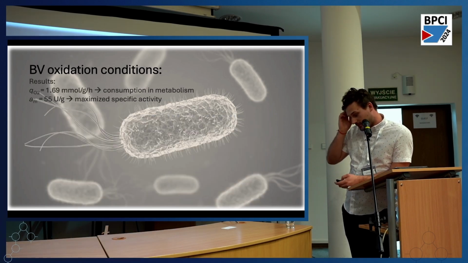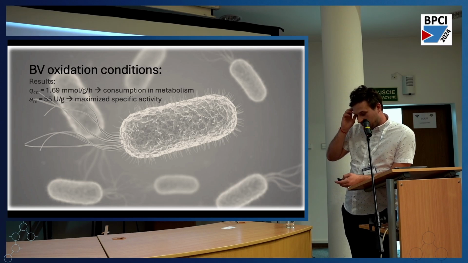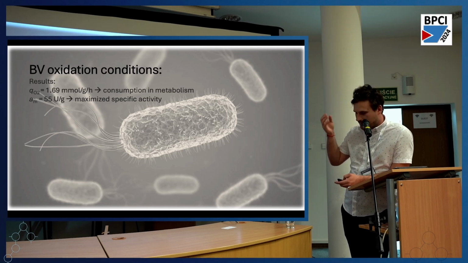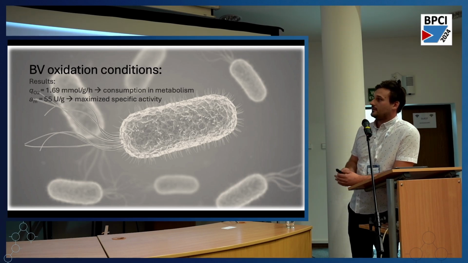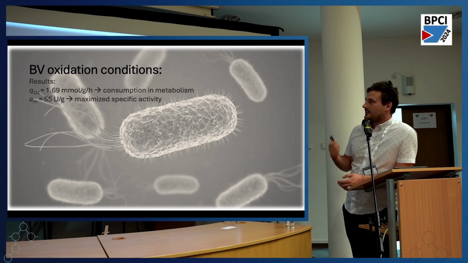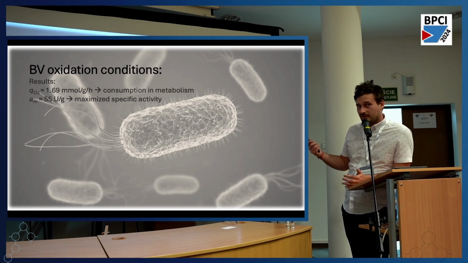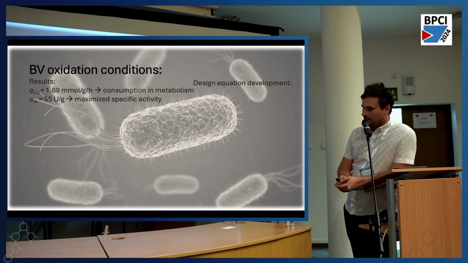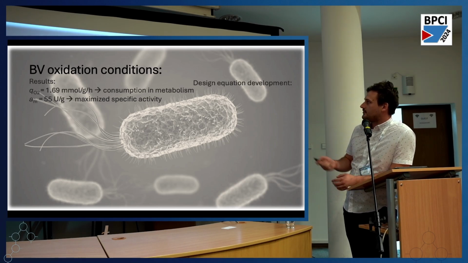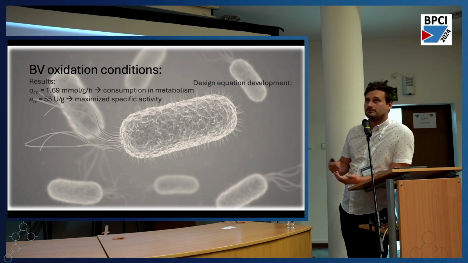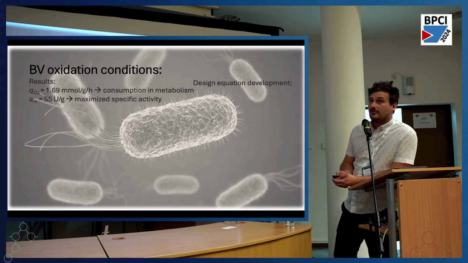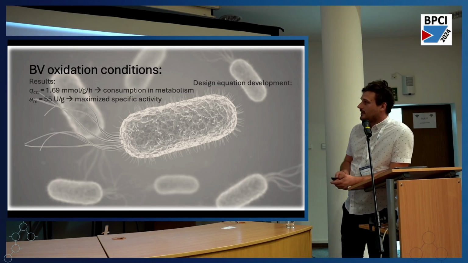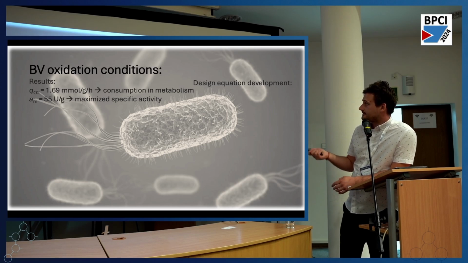So at this point, we described the importance of the oxygen transfer rate for the biocatalytic BV oxidation when the biocatalyst is in the form of whole cells. This knowledge enables us to model, or develop the design equation for, the process parameters.